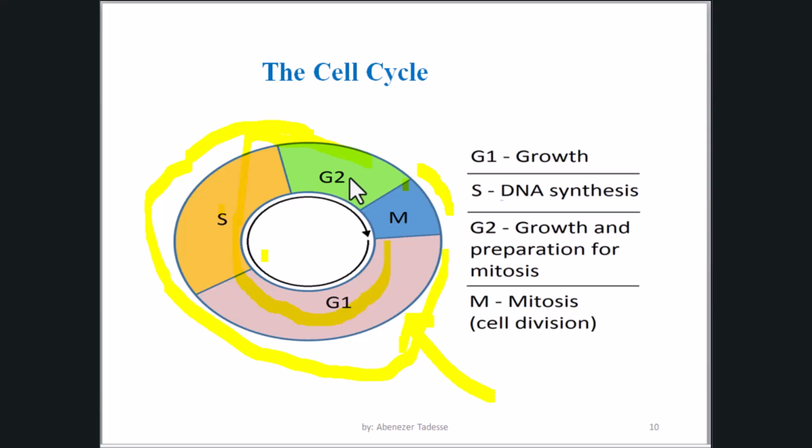That means it will increase in size and increase its cytoplasm, but there is no other process here. After preparation of various enzymes as well as proteins that are involved in the production of microtubules, if there is no problem, the cell can easily transit from the G2 phase to the M phase.